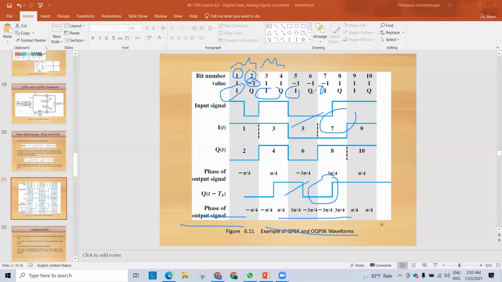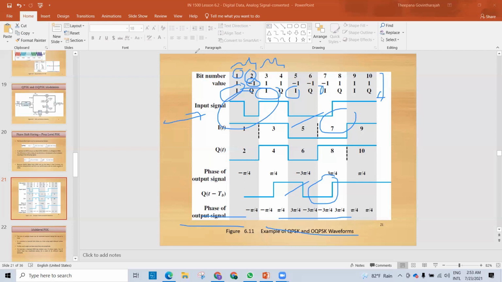And 2, 4, 6, 8, 10 are even numbers, so they will transfer to the Q channel. And this is our input signal. Here we are going to convert digital data to an analog signal.